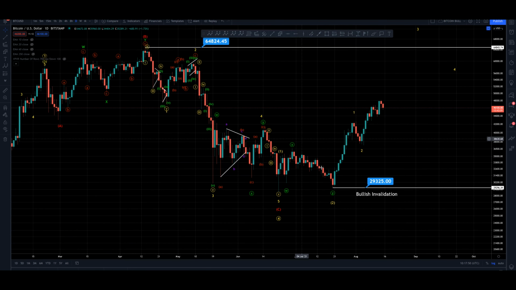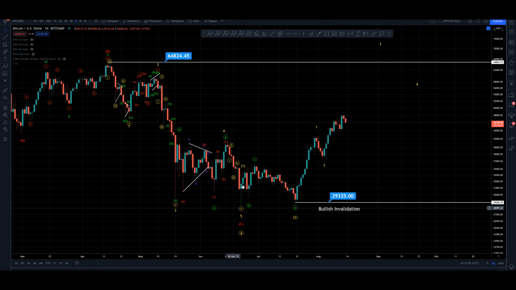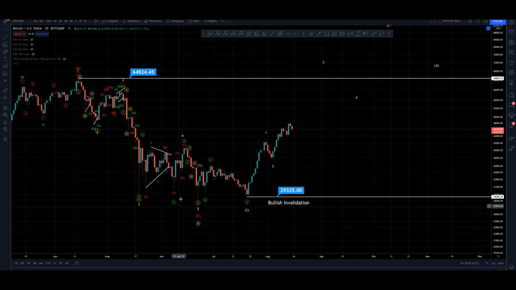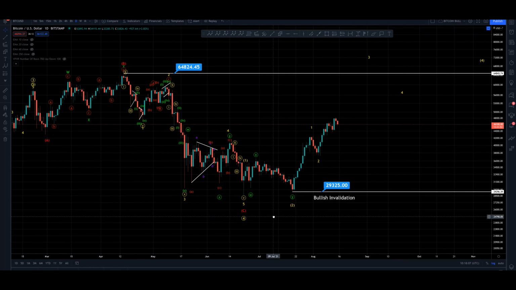So if this is 1, 2, and this is 1, 2, maybe you could argue this is 1, 2, and this is 1, 2, 3, 4, 5, 1, 2, minute degree, minor degree, then we're getting crazy bullish at that point in terms of how extended this initial move is.